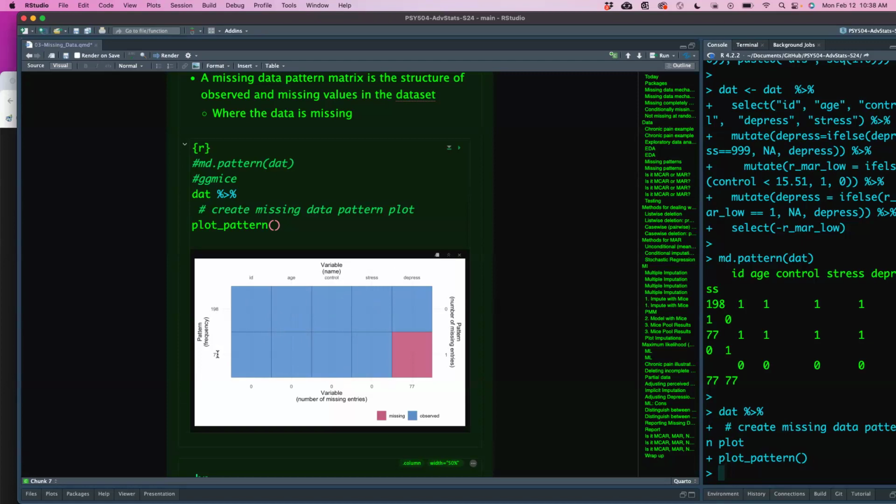The second pattern consists of 77 observations that are missing one variable, and we can see this highlighted here in red. There's missingness on depression. So that relates to our descriptives that we calculated: there are 77 missing observations on depression. Those are our two missing data patterns in this data set.